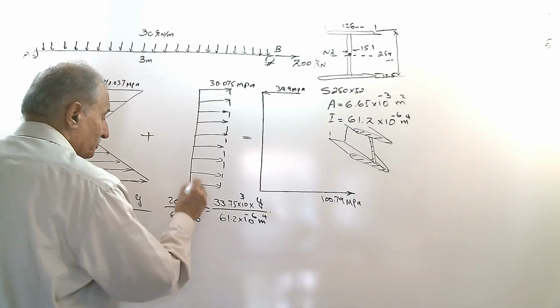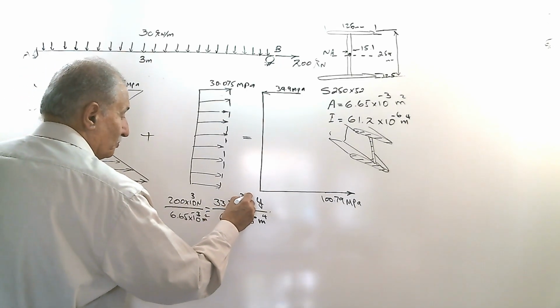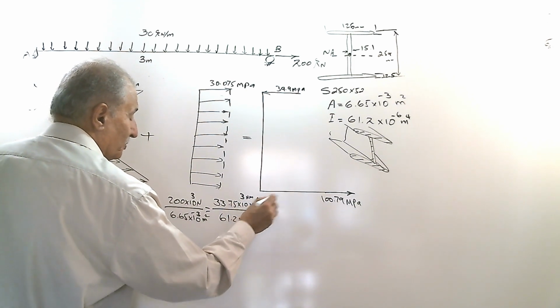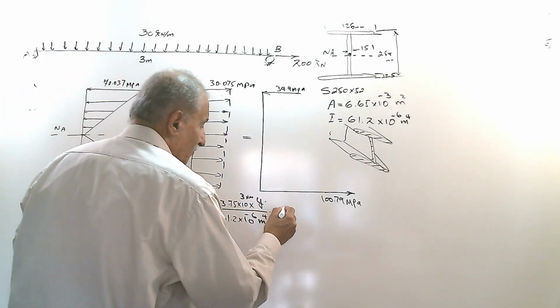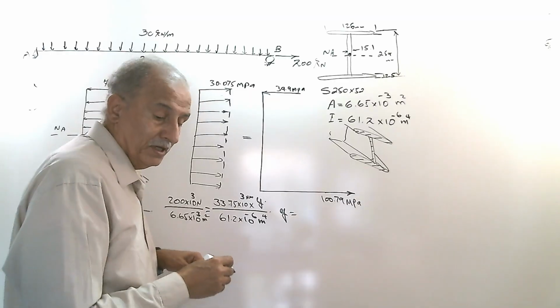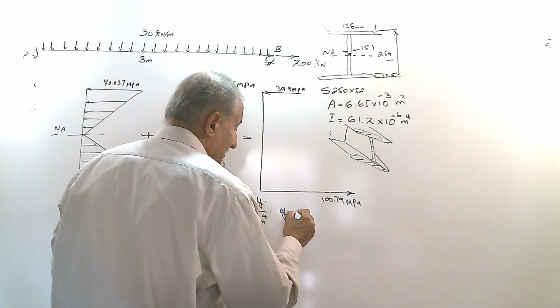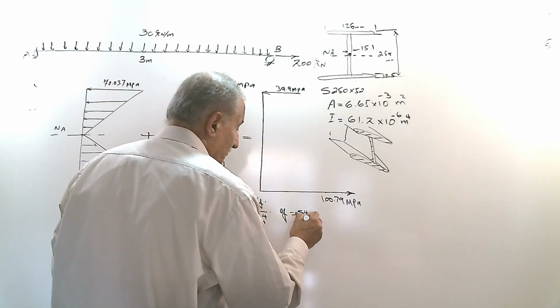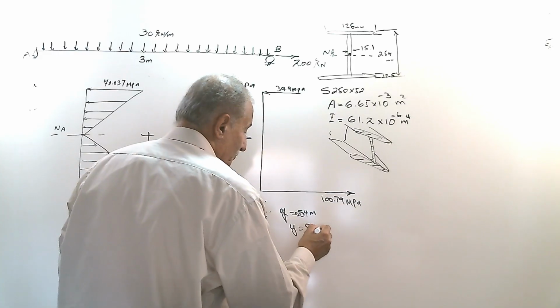Then this is Newton, this is meter square, this is Newton meter, and this should be meter if you calculate. Then you reach the point that y is equal to 0.054 meter, or 54 millimeter.